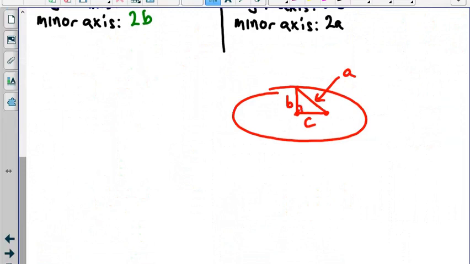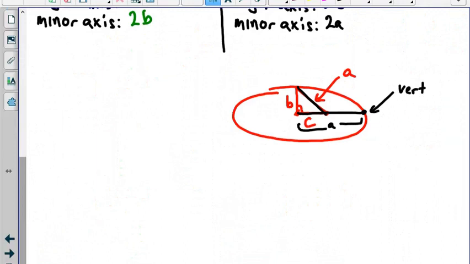So one thing that we have to be aware of is that the Pythagorean theorem holds in ellipses, so that whatever the major or the semi-major axis is, or the longer radius, that is actually equivalent to the distance from the focus to what we call the covertex.